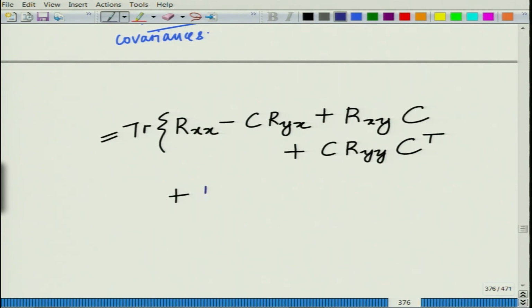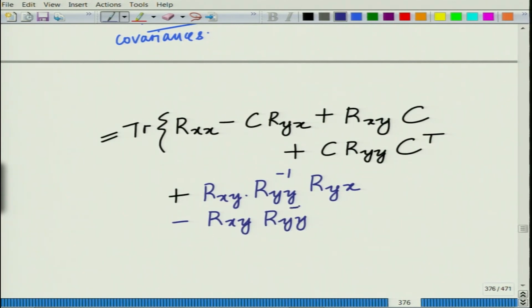I will add R x y R y y inverse R y x and subtract this term R x y R y y inverse R y x.